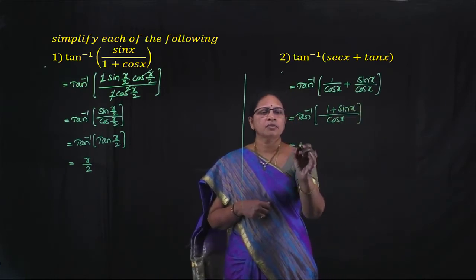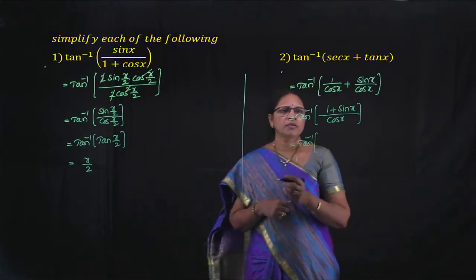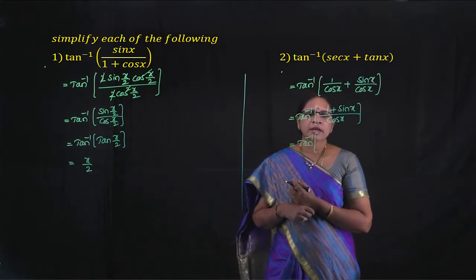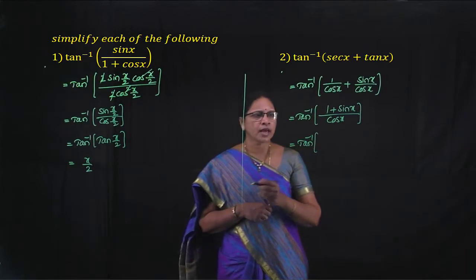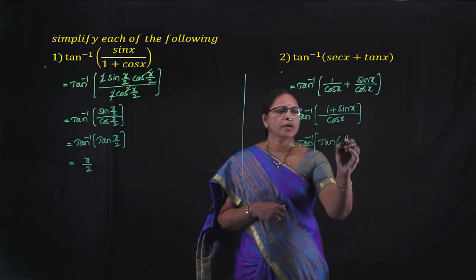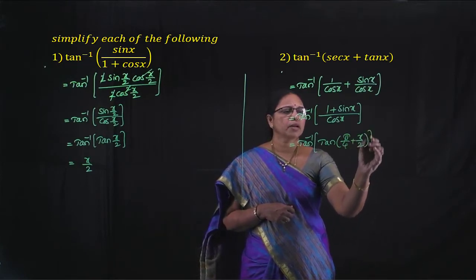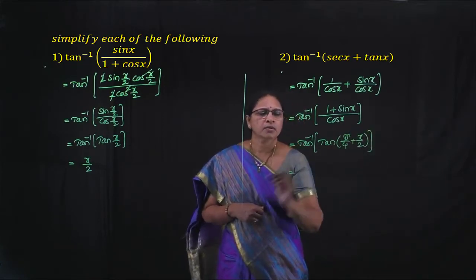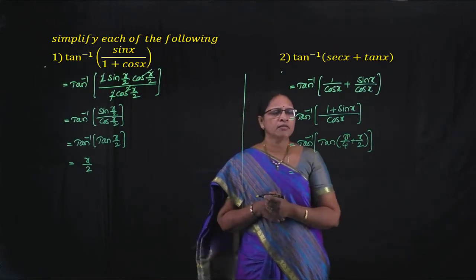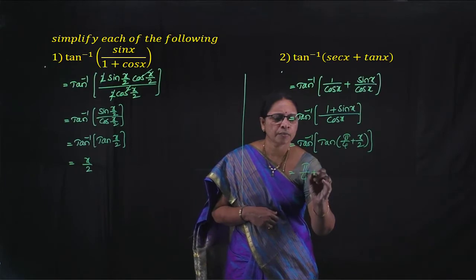That equals tan inverse of, we know that the formula for 1 plus sin x by cos x in terms of tan function, that is tan of pi by 4 plus x by 2. That is equal to, we know tan inverse of tan x is x, that is pi by 4 plus x by 2.